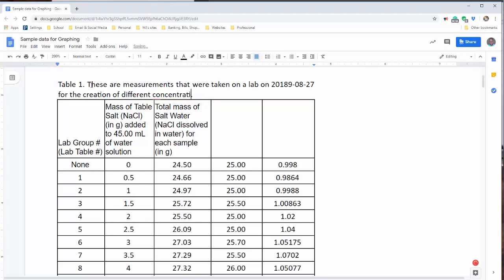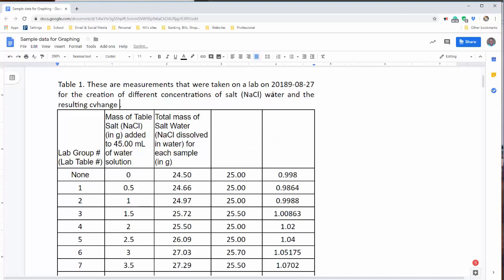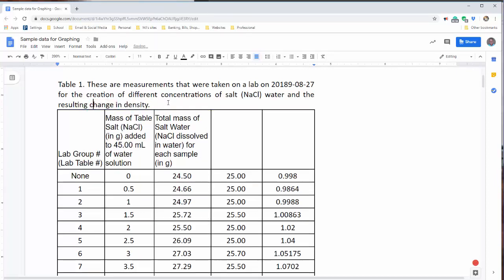And I'm making different concentrations of salt water. I might even want to be clear about which kind of salt, but I know more about this than you do right now. So this is specifically table salt, so that's NaCl. And the resulting change in density, maybe. Okay, that might be what I'd say about it.